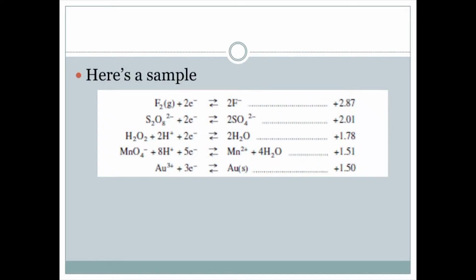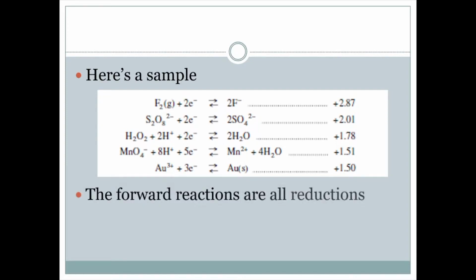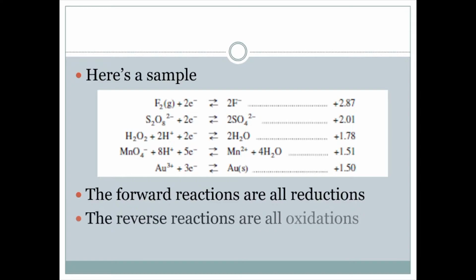First, all of the forward reactions on this table are reduction reactions, and all of the reverse reactions are oxidation reactions. If I take this as an example, the forward reaction would look like this: F2 plus 2 electrons will produce 2F minus.